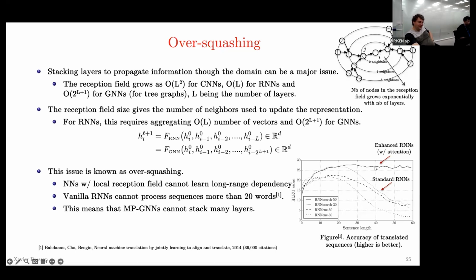If you use, and this is a spoiler, the attention mechanism, basically you don't have any issue. So my point is, RNN, but also GNN, cannot stack too many layers because they have to do some kind of average over a huge number of vectors.